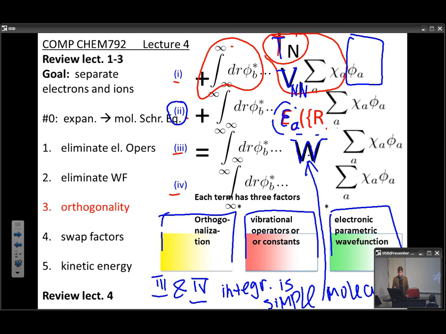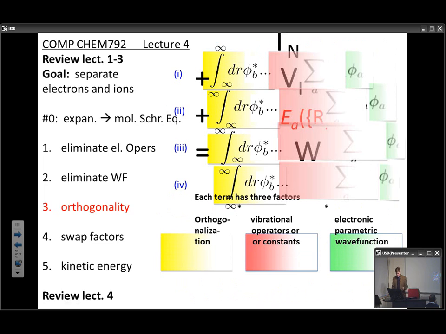The presence of this operator, which is diagonal with respect to ions, doesn't change our operation of finding the matrix element using the orthogonality property. So we will also get a delta function.